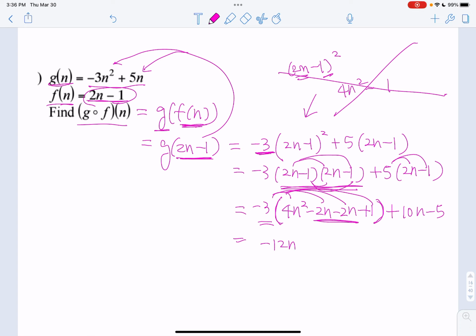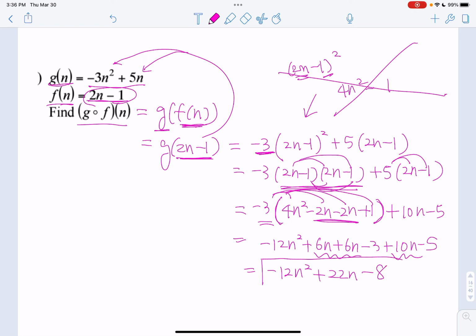Negative 12n squared plus, negative becomes positive, 6n plus 6n minus 3 plus 10n minus 5. Now you combine together. Negative 12n squared plus 12n here, 10n here. So it will be 22n in total. Negative 3 and negative 5 total together negative 8. So the result will be this.